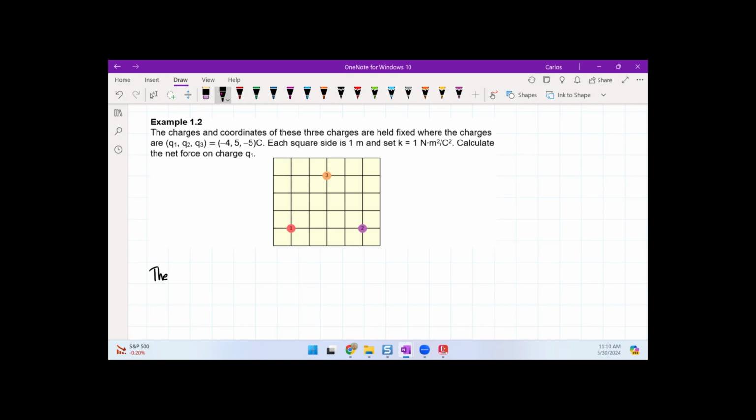The net force on Q1 due to charges Q2 and Q3 is given by superposition.